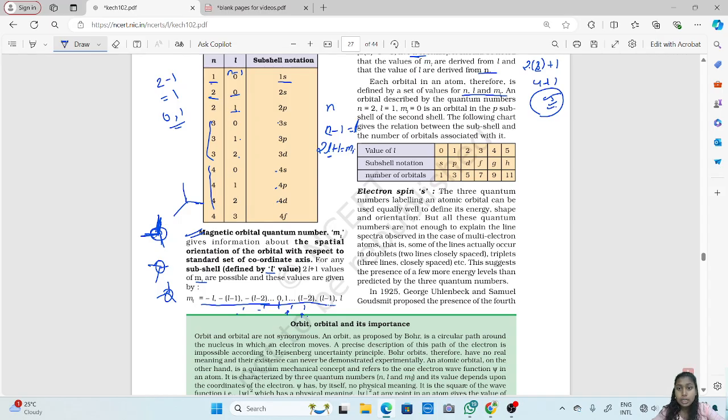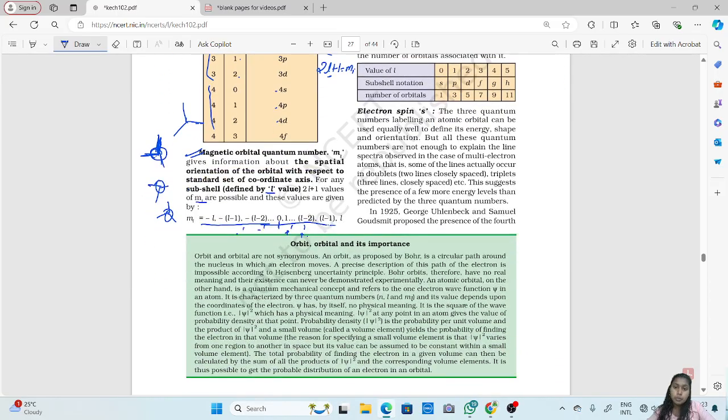An orbital described by the quantum numbers n equals 2, l equals 1, m_l equals 0 is an orbital of the p subshell of the second shell. The following chart gives the relation between the subshells and the number of orbitals associated with them. So these are the values of l, the number of orbitals and the notations of subshells.